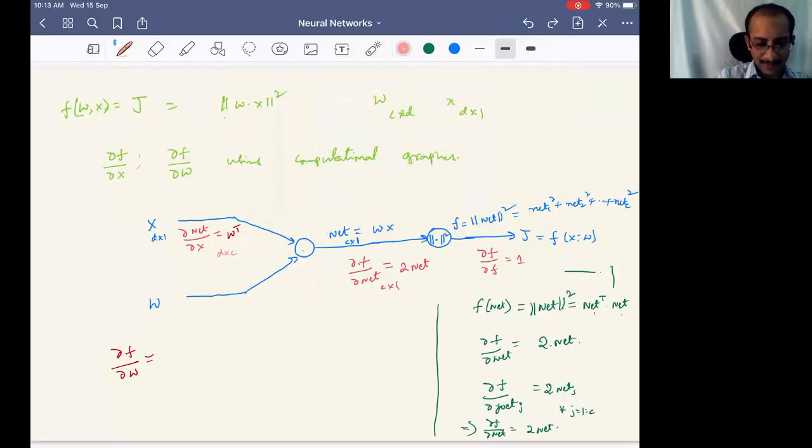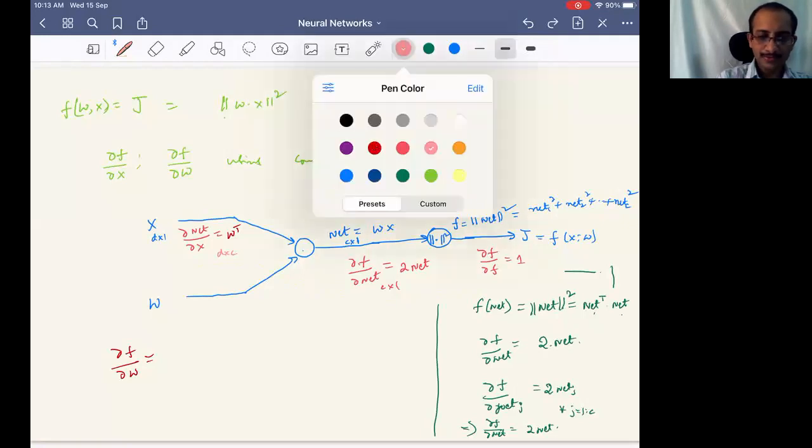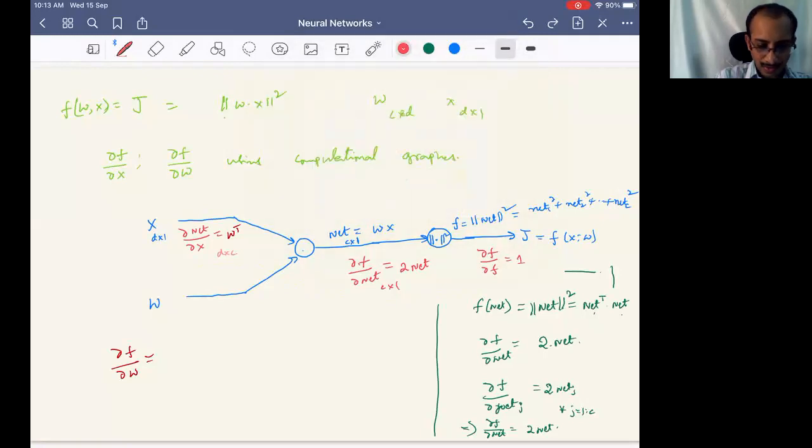How do I write ∂f/∂x? ∂f/∂net, okay, into ∂net/∂x. That's all, right? And which is equal to what? W transpose into 2 into net, or 2 into W transpose net.